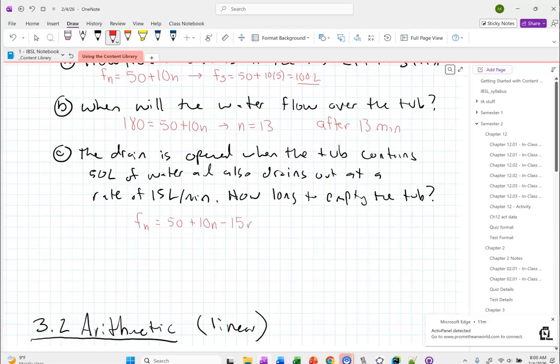So in addition to 10 coming in, we have 15 going out. So we'll use a subtraction there. When will the tub be empty? Well, when there's 0 water in it. Solve, it looks like about 10 minutes.